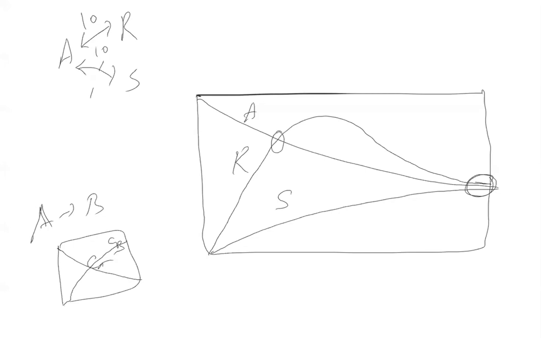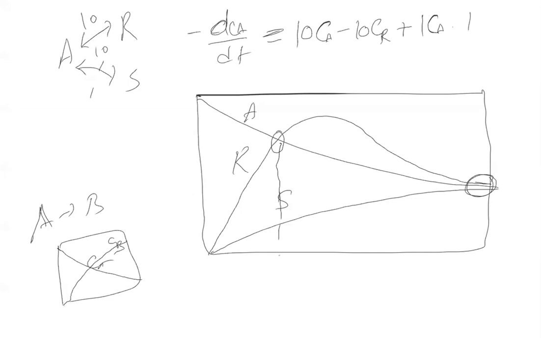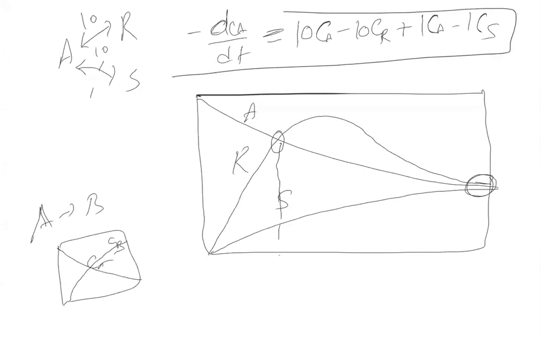When will it cross, what is this point? That will be solved by writing a simple mathematical model. Minus dCA by dt is equal to 10 Ca minus 10 Cr plus 1 Ca minus 1 Cs. This is my dCA equation.